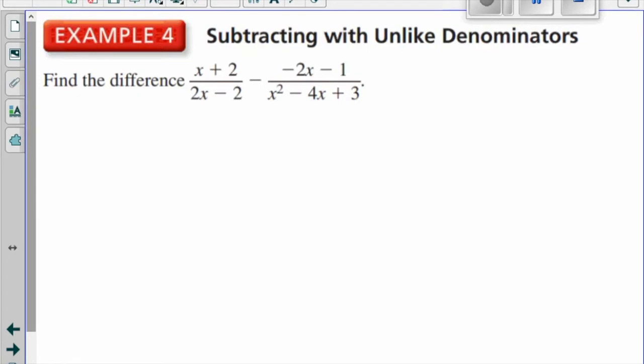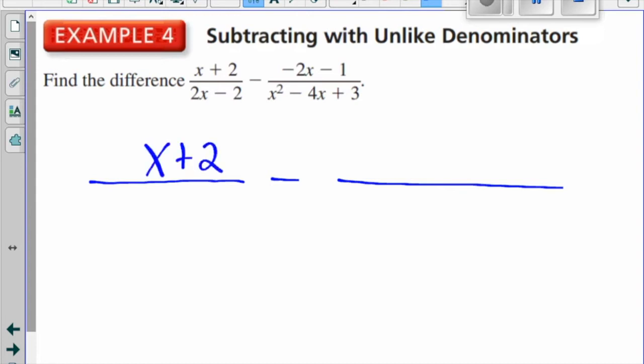Find the difference. We're going to find the difference of these two here. Okay. Now the numerator x plus 2 is not going to change.